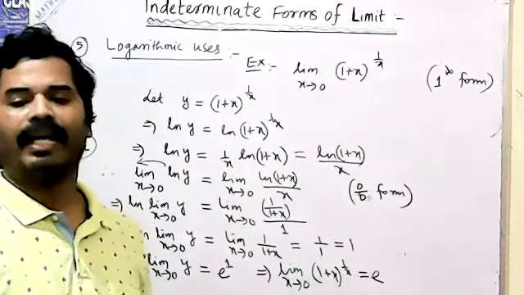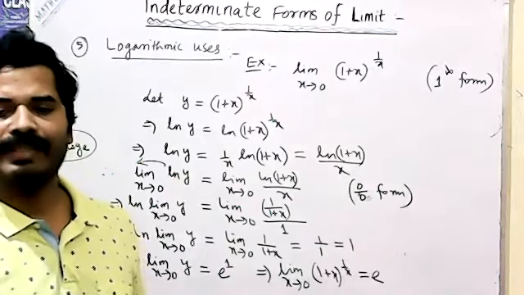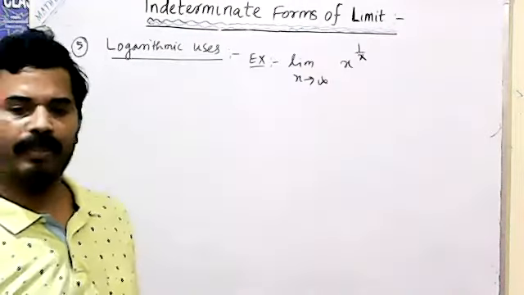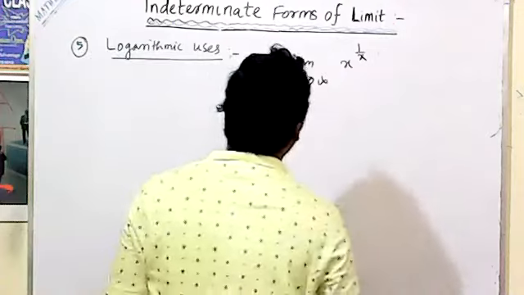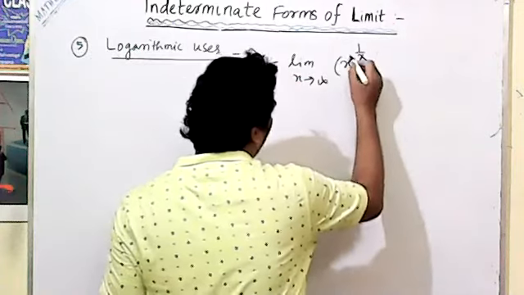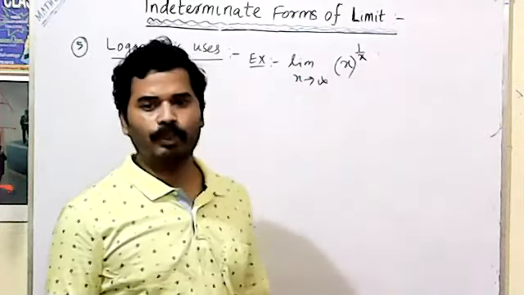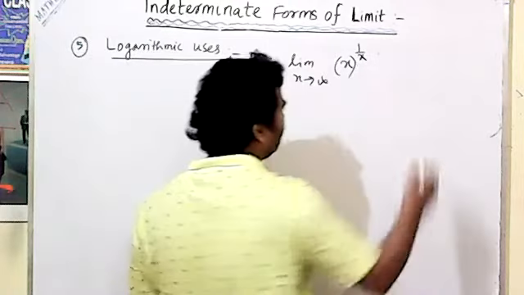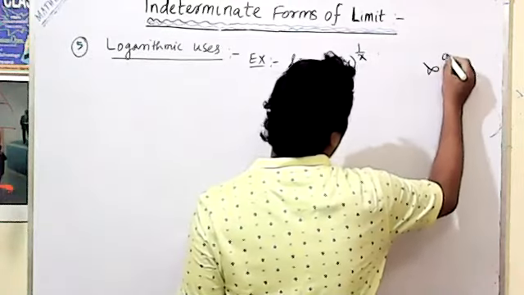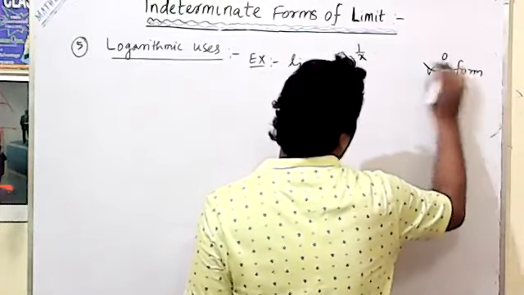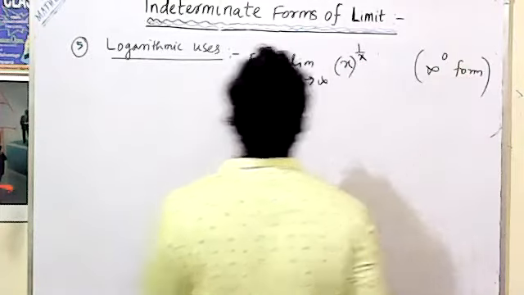Similarly, let's take another example of a similar type. Here the limit as x tends to infinity of x to the power 1 by x is the infinity to the power 0 form.